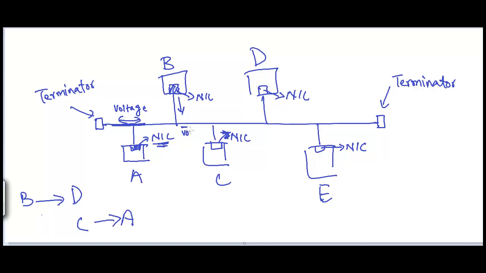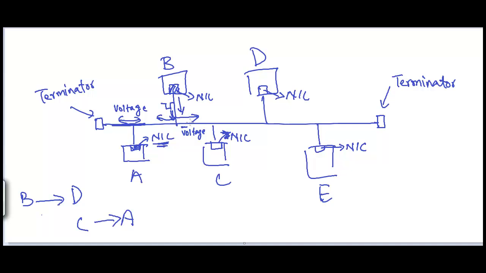When B checks the wire, there is no voltage. So B puts its message on the wire, and this message starts traveling. Once this message reaches this point, it goes this way also, and it goes this way also.